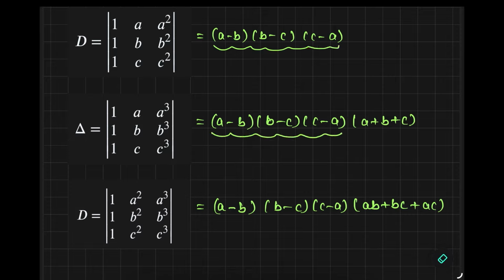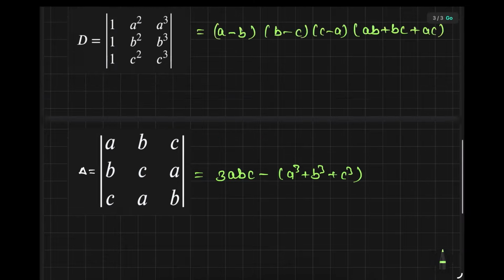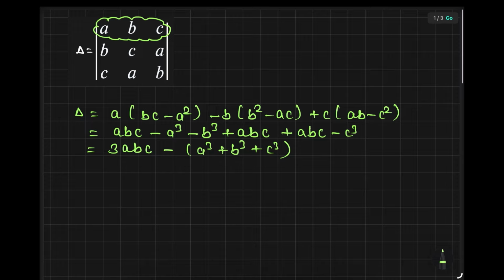So try to memorize this. And also the final one was this, which we have calculated: 3 times abc minus (a cube plus b cube plus c cube). I hope the idea is clear and you can handle similar situations.